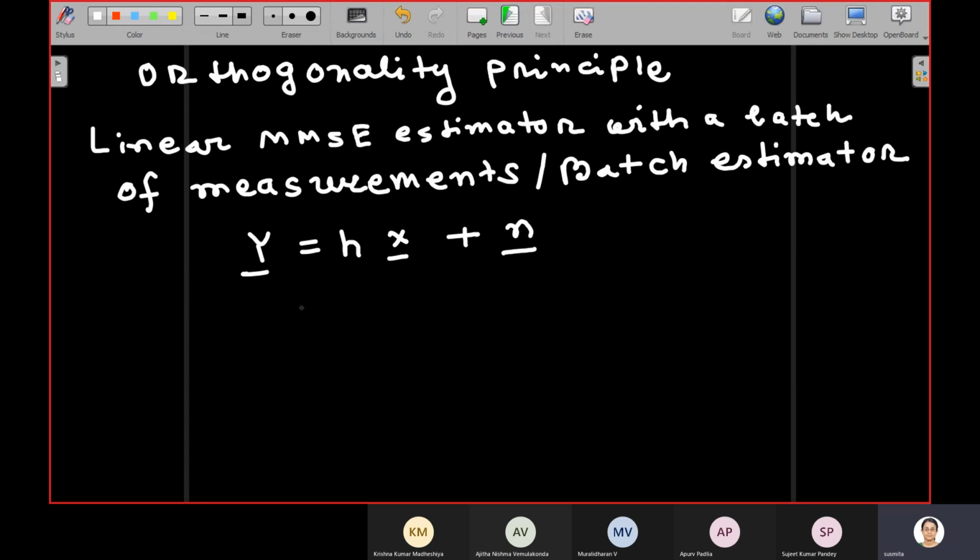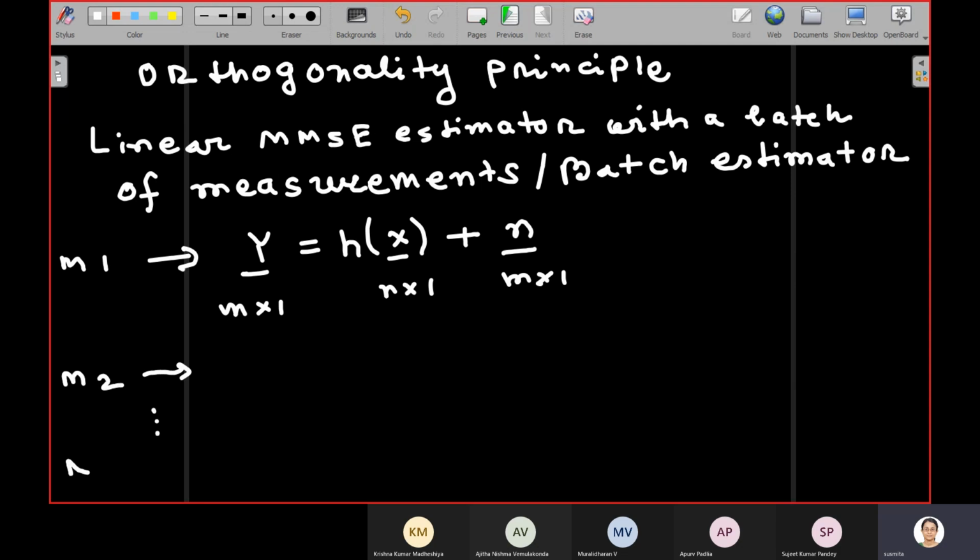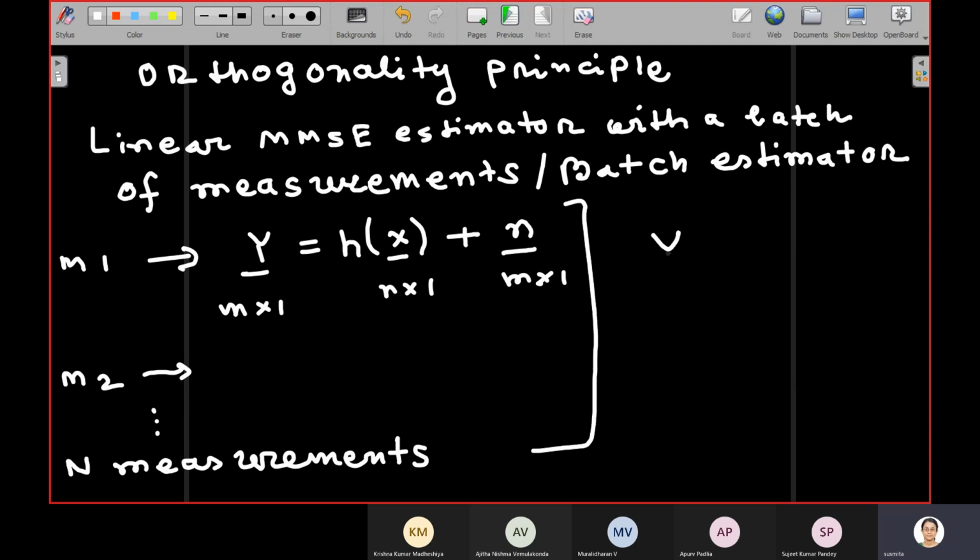Let's say this is m cross 1, this is m cross 1, and this is also m cross 1. This is one measurement. This is measurement 1. Then similarly we'll have measurement 2. Like that, let's say we have capital N measurements. And we stack all the measurements here.